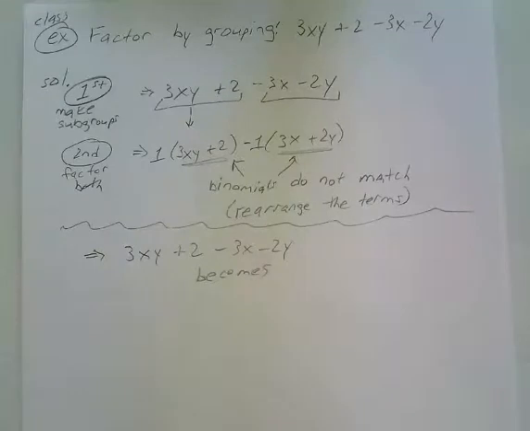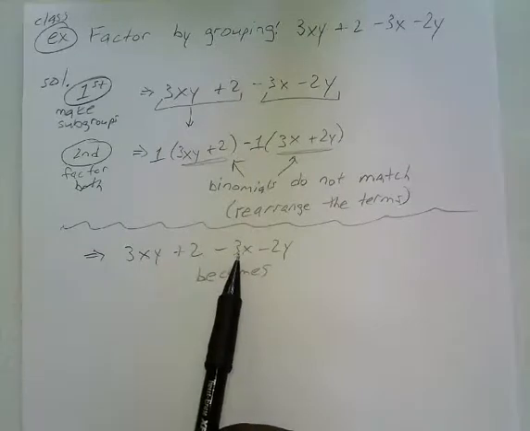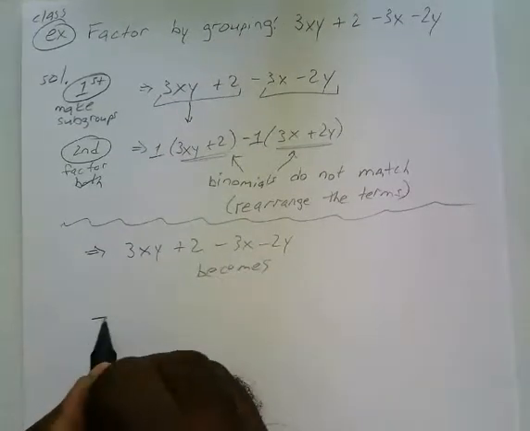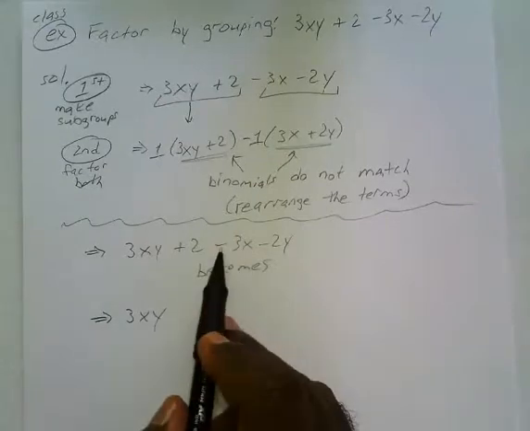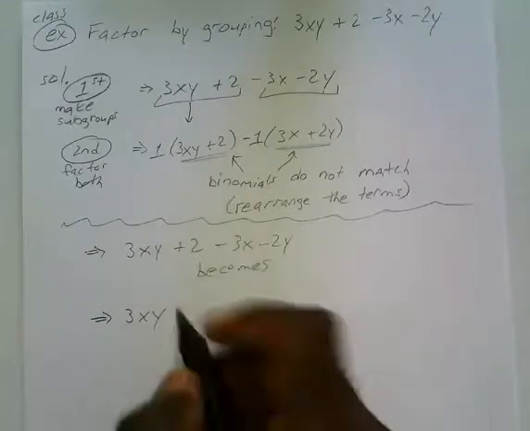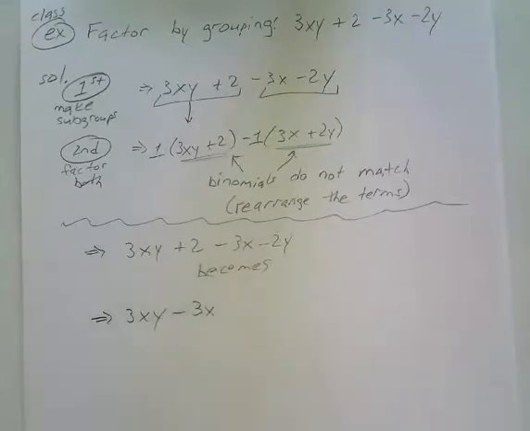okay, you want to put two terms next to each other that have a common factor. So 3xy, I'm going to put that one next to the 3x. Okay, so we have 3xy, move the sign and everything. So if it's minus 3x here, it has to be minus 3x next to it. Minus 3x.